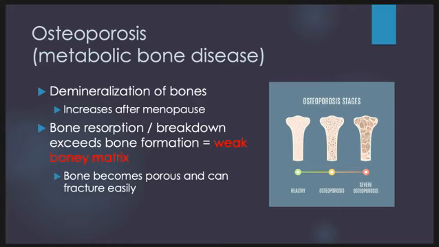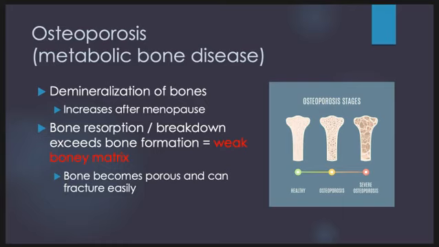This demineralization of bones is more prone after menopause. Essentially, what happens is that bone minerals are reabsorbed into circulation due to need. The breakdown and reabsorption is faster than bone formation, leading to weakened bone matrix. The inside of the bone becomes porous, brittle, and weak, thus fractures can easily occur.